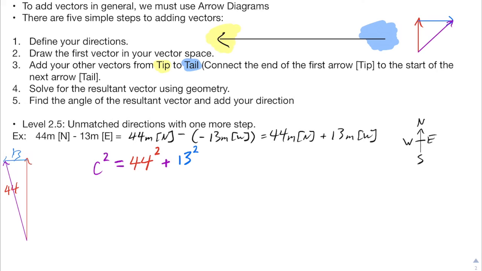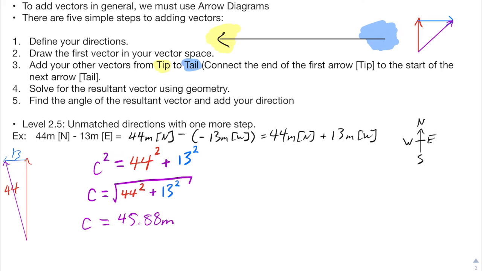So simply, our answer C is equal to the square root of 44 squared plus 13 squared. Here, using our calculator, we find that our answer is 45.88 meters.